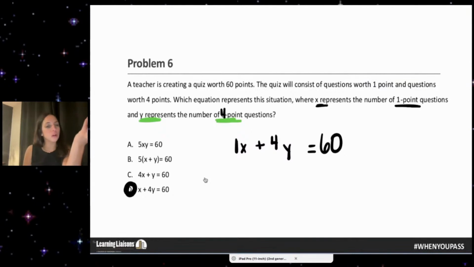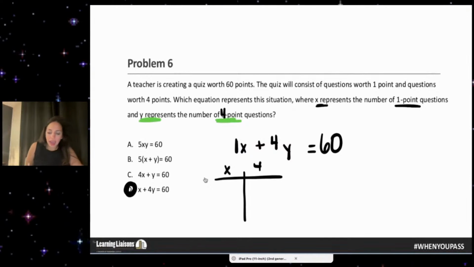Now, what I don't want you to do is get wrapped up in the idea that I can add the 1 plus 4 and get 5. Because then if I multiply the 5 times x times y, that's not going to give me an accurate depiction of how many points my quiz is. So let's take a table, for example.